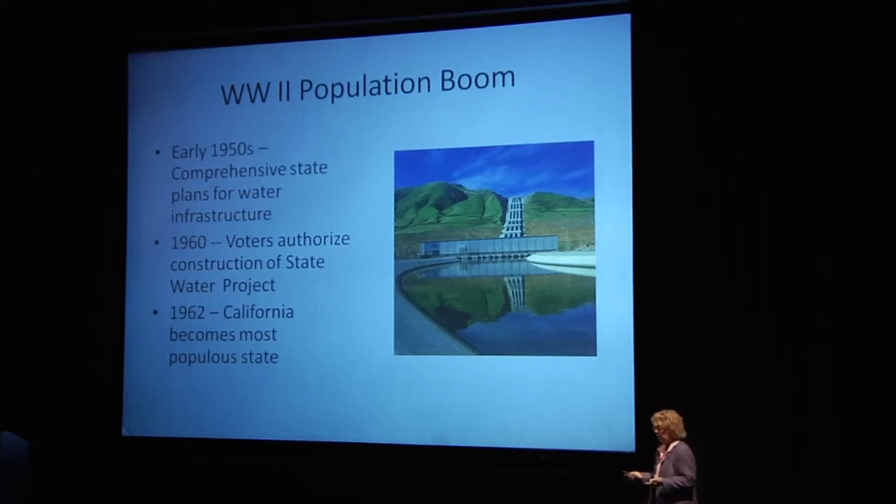Because they recognized, particularly in Southern California, there was going to be a huge buildup of population, the defense industry, and people coming back, people who had been through California because they were in the service in the wartime, coming back to settle there.